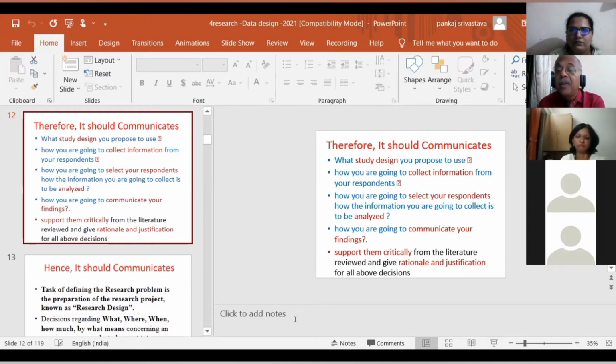Then comes sample design, which gives you what sample you'll be taking and how you'll be taking it. Then comes questionnaire design, which gives you how you will measure the different variables which you have identified in identification of variables and theoretical construct. And then data design. Data design is how you will analyze, what tools you'll be using. So it consists of 4 parts.